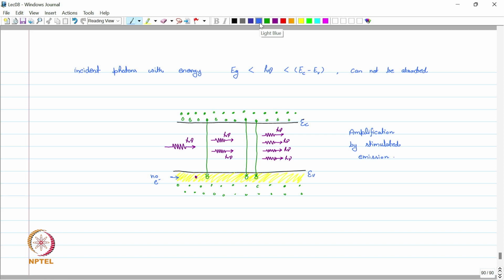And the necessary condition for stimulated emission under population inversion is the energy of the incoming photon should be greater than Eg, the band gap of material, but it should be lesser than the difference Ec minus Ev.